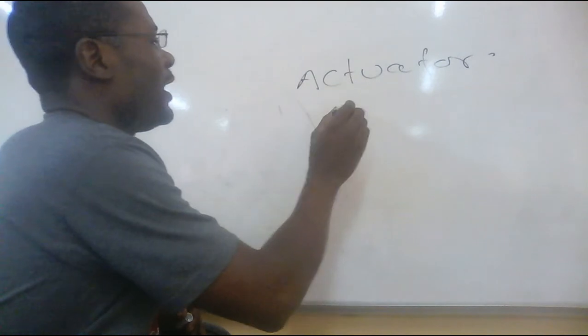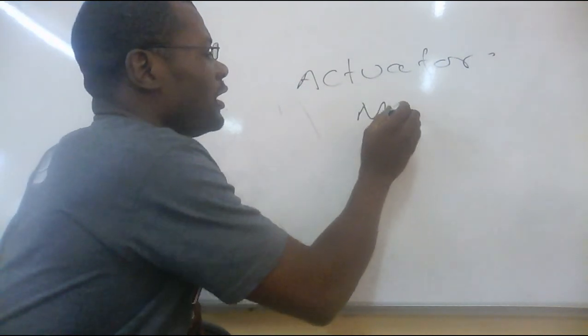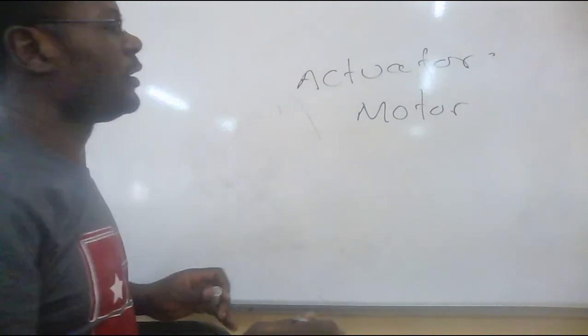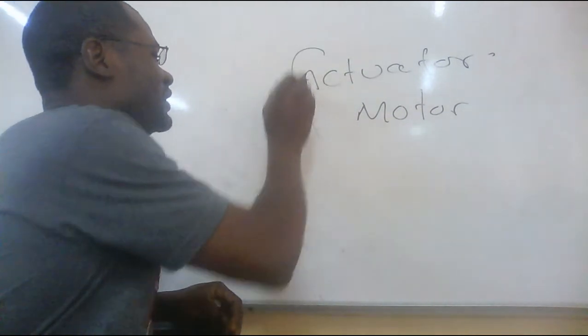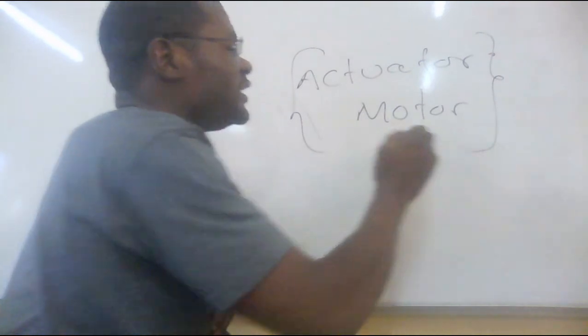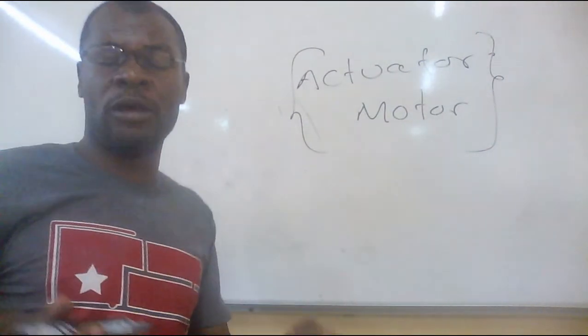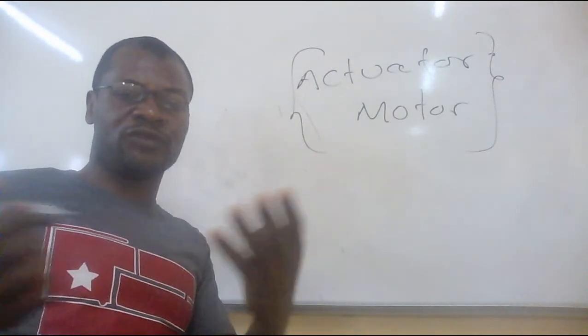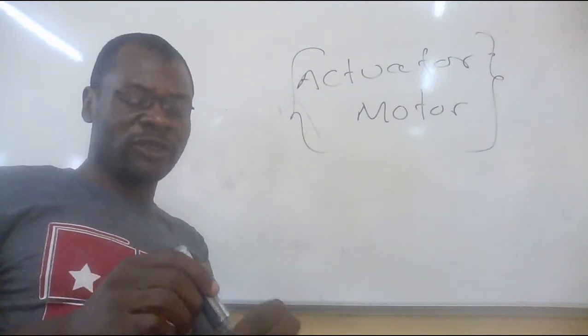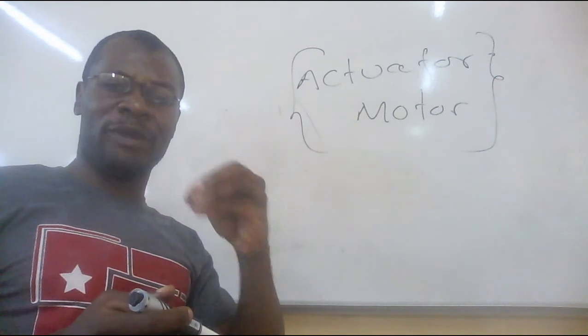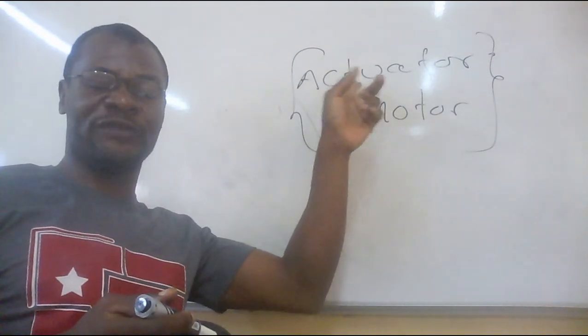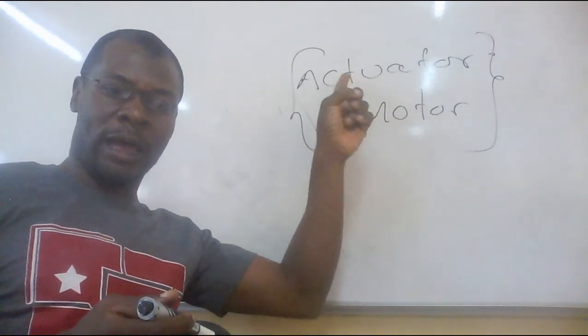Actuator. Others call them a motor, especially for the sliding door. These are responsible for physically taking action on the response from the computer. So mostly you find the motor or actuator. The item mostly found on most sensor systems is the actuator.